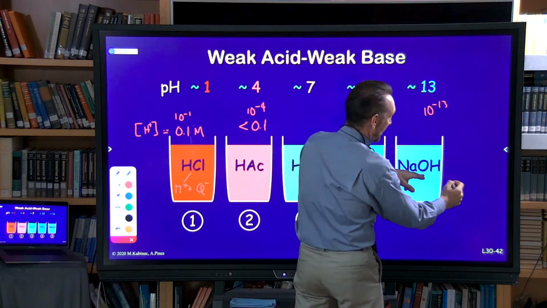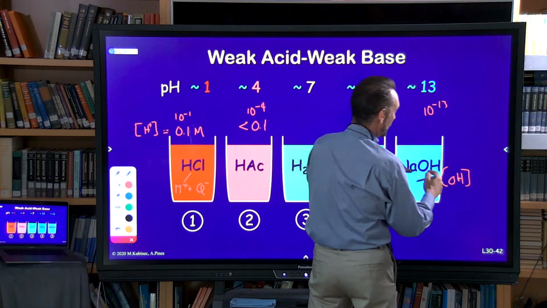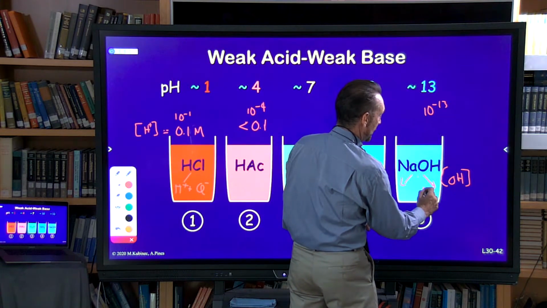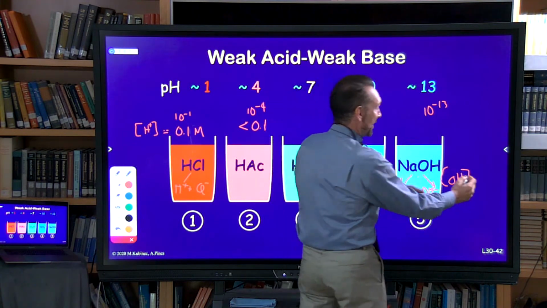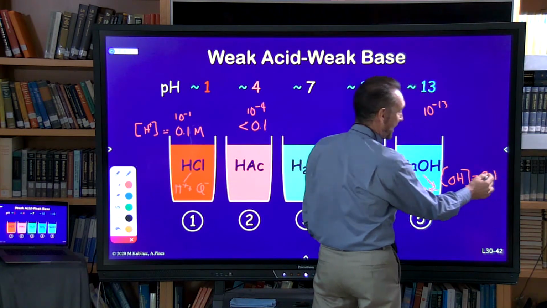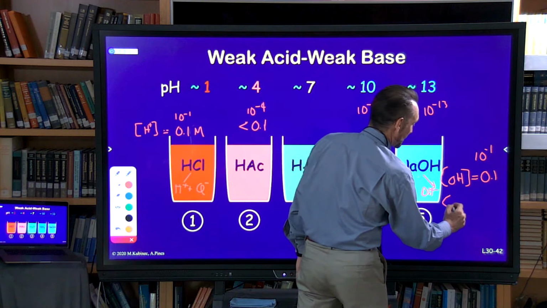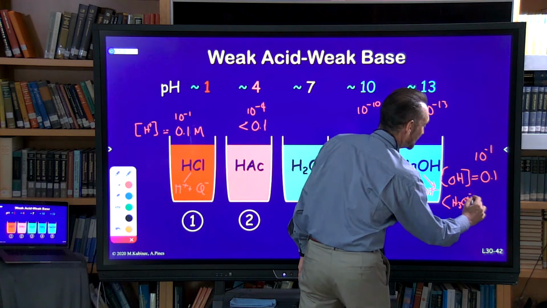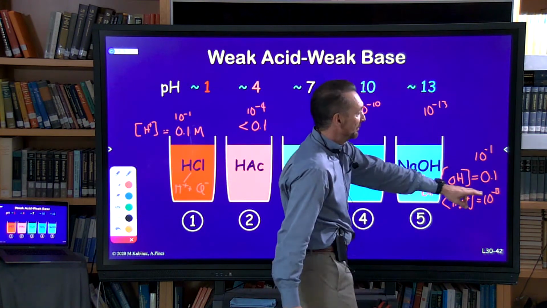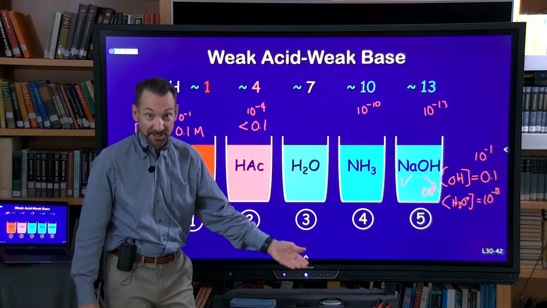That's because the OH minus concentration in this last one, we know since that's a strong base, 100% dissociates and gives us OH minus in solution. That concentration is about 0.1. And if that concentration is 10 to the minus 1, then the H3O plus must be 10 to the minus 13, because the product of those two, H3O plus and OH minus, must be 10 to the minus 14 if they're in water.